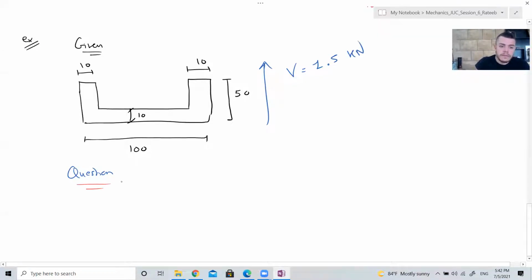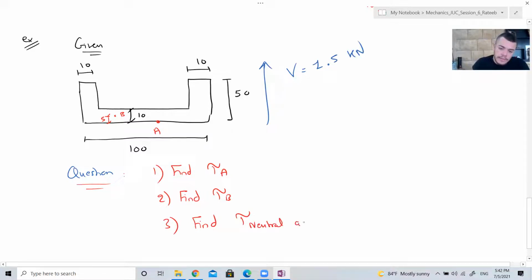And the question is: 1. Find the shear stress at A. 2. Find the shear stress at B. 3. Find the shear stress at the neutral axis.